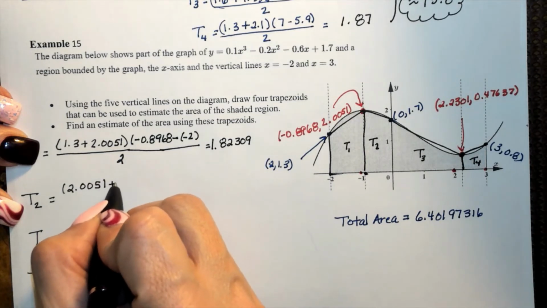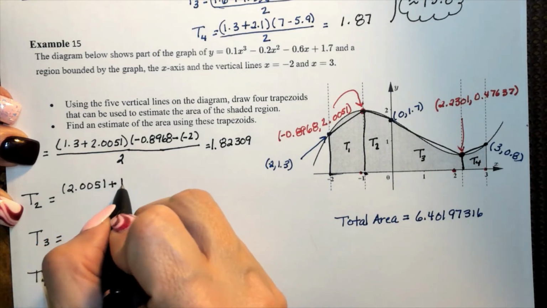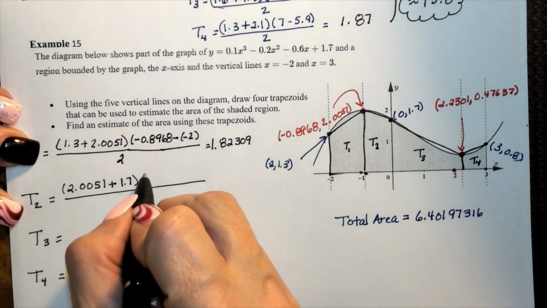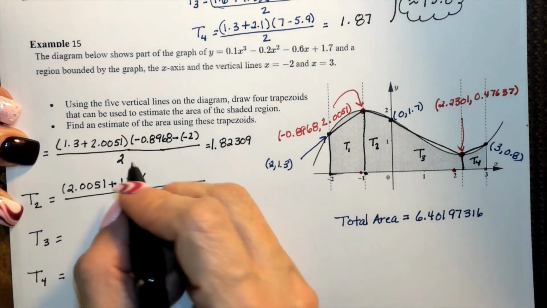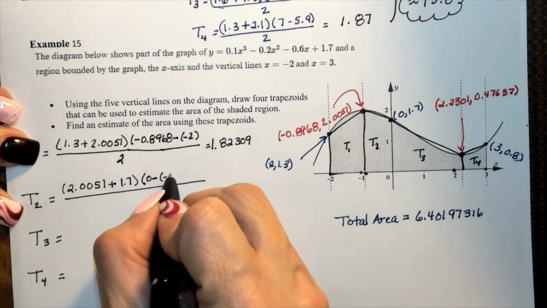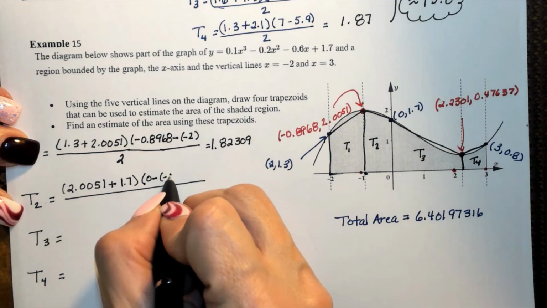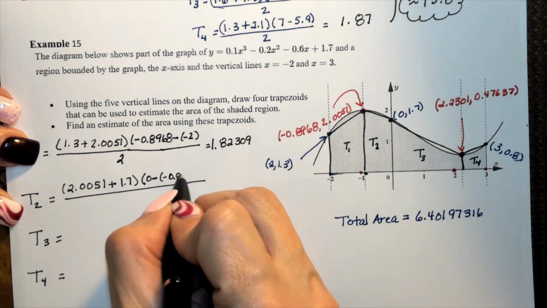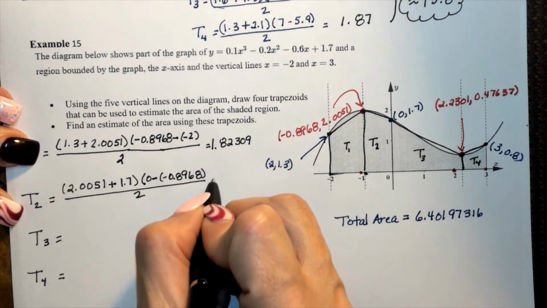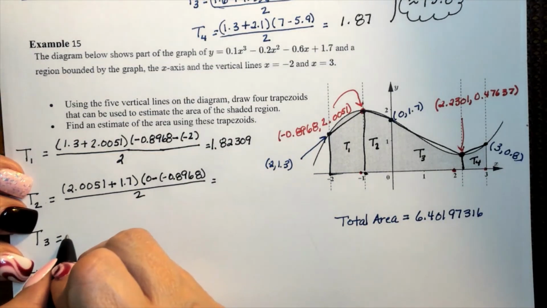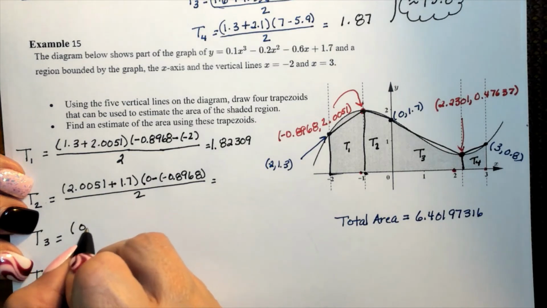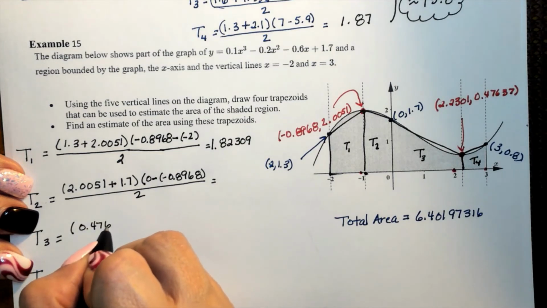All right, and then I did 2.0051 plus 1.7. And I did 0 minus negative 0.8968 over 2. That's 0.476.